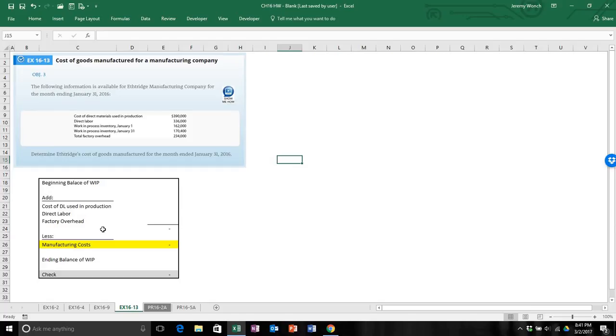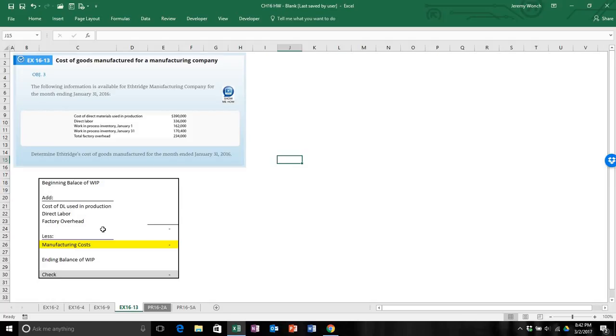And so the next problem is 16-13. And so here, it's talking about cost of goods manufactured for a manufacturing company. And so we have a lot of similar terms in managerial accounting. So we have cost of goods manufactured, but don't get it confused with cost of goods sold.